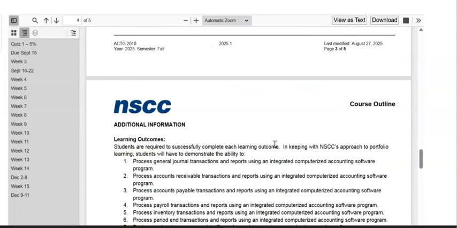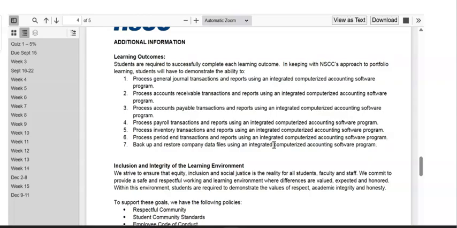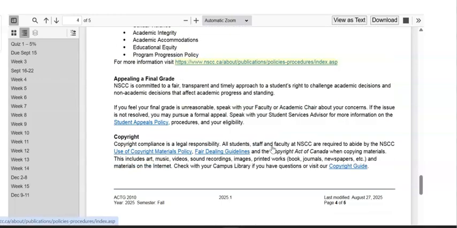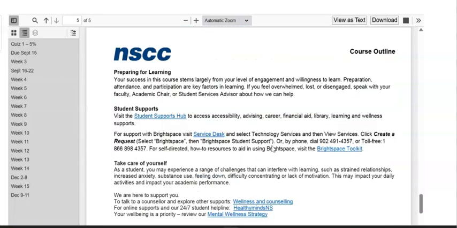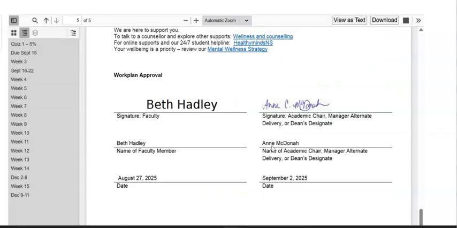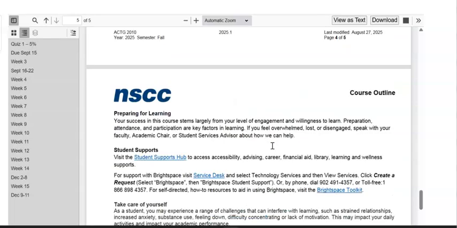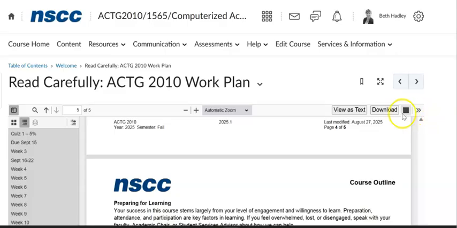Okay. And then we again have the learning outcomes and the fact that each learning outcome must be met with a 60%. And of course, the course signatures. All right, so what else have we got?